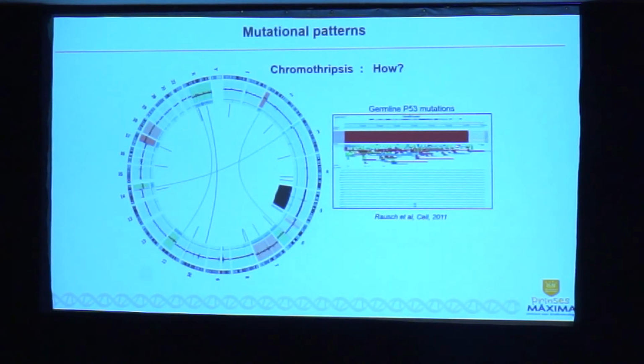The second question is, how can this happen? Well, when you do see these chromothripsis events, you have to be aware that there could be something wrong in the germline, in DNA repair pathways in these patients. So 2 out of the patients that we have identified having chromothripsis showed de novo germline p53 mutation. So these were de novo Li-Fraumeni patients.